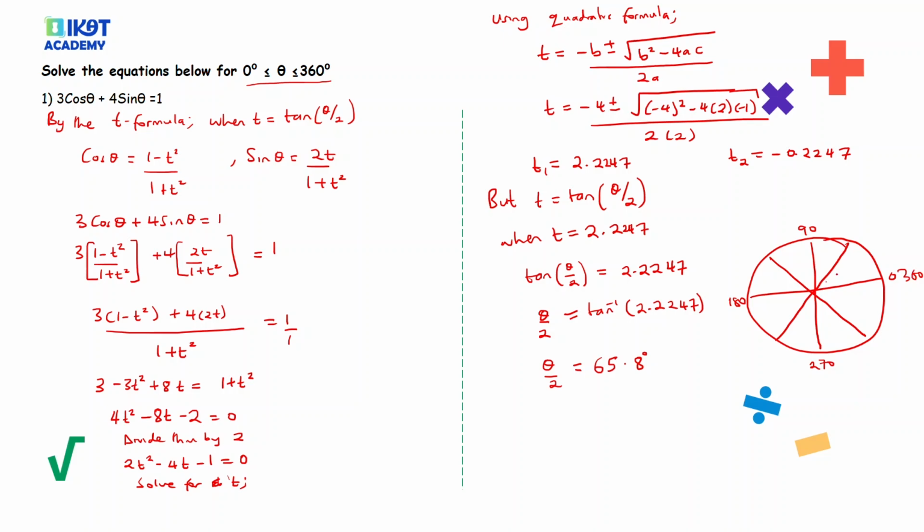Then here we put 65.8. So all students take chemistry, and for this you see the tan is positive, so we choose this quadrant and this quadrant. So this is the first angle, then the second angle would be 180 plus 65.8.